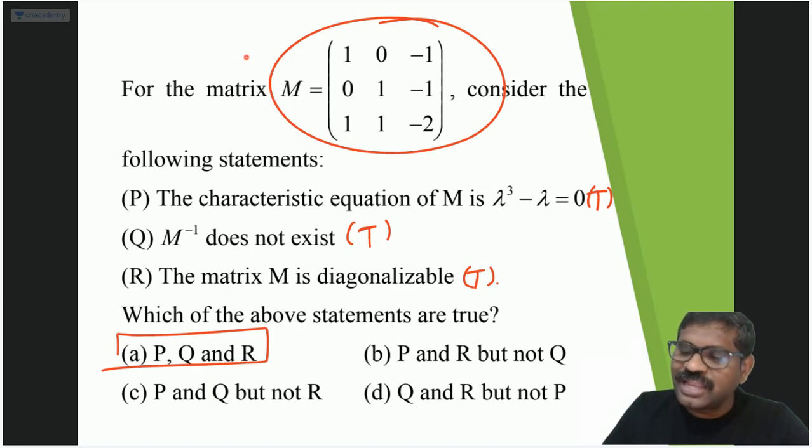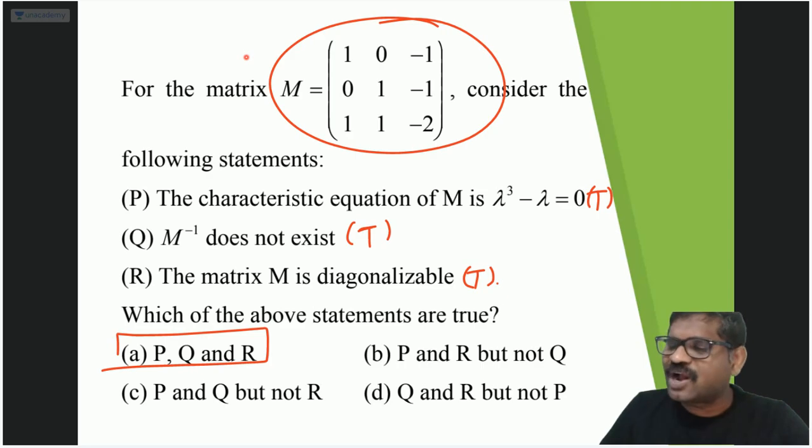The link with diagonalization is that eigenvectors of your matrix must be linearly independent. Whenever algebraic multiplicity and geometric multiplicity of each eigenvalue coincide, then 100% your matrix is diagonalizable.